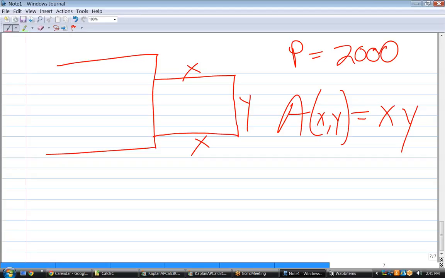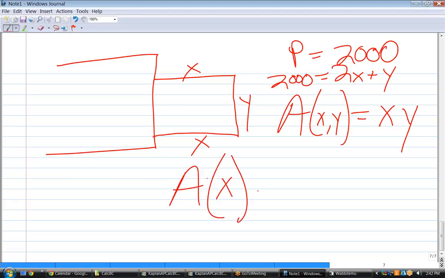However, I can say that the perimeter, 2,000, is clearly equal to 2x plus y. I can solve for y and substitute it into the area function. So I have the area as a pure function of x: x times y, and y is equal to 2,000 minus 2x.